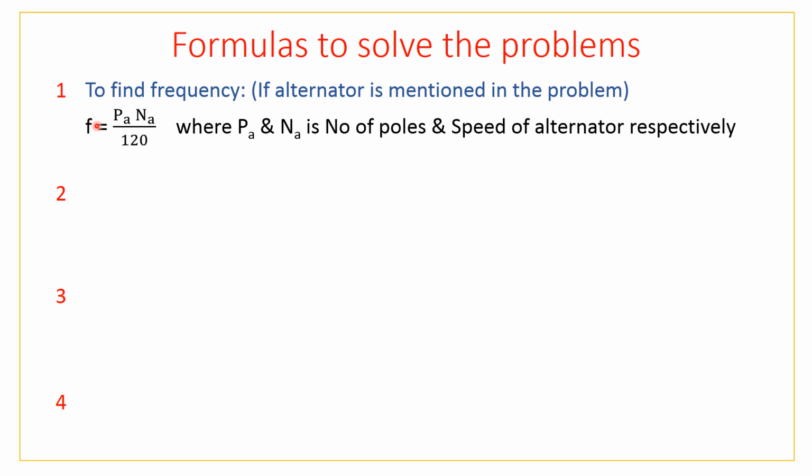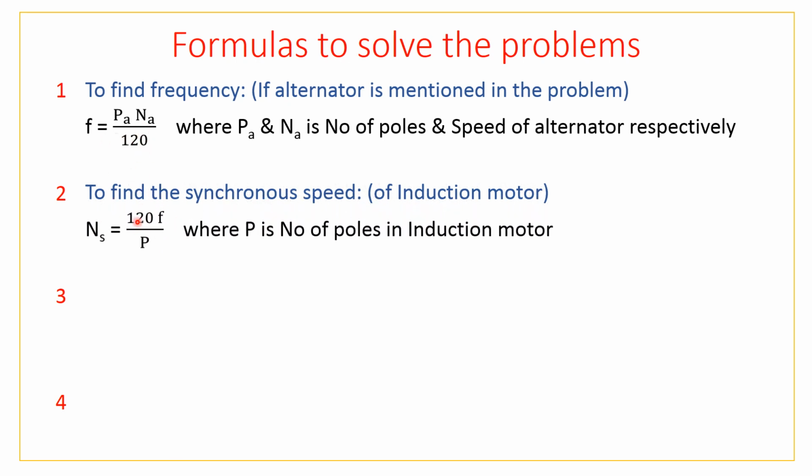So once I get the frequency, now I can find the synchronous speed associated with the induction motor. Just interchanging the same formula here: if f is equal to PN by 120, then Ns is equal to 120 f by P. Cross change here, so you get Ns is equal to 120 f by P. If you remember this formula, you can write this formula also.